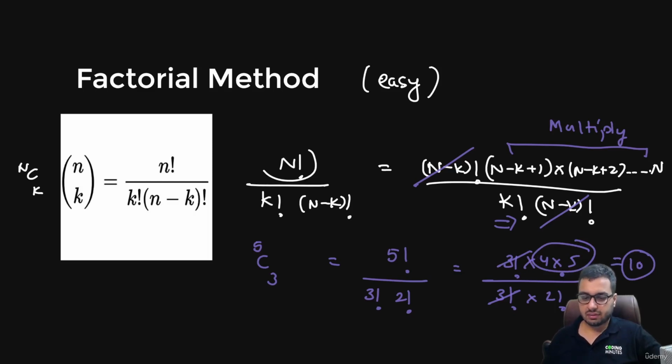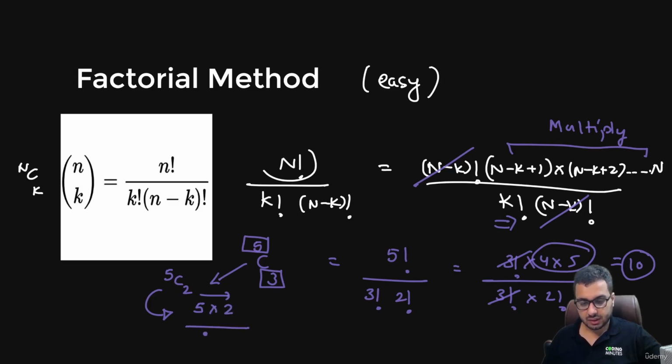An easier way of looking at this: this is the same as writing 5C2, because nCk is the same as nC(n minus k). We can reduce this to n minus k if the term is getting smaller. In that case, I will write two terms in decreasing order and two terms in increasing order.